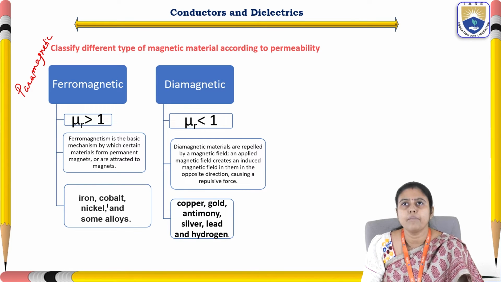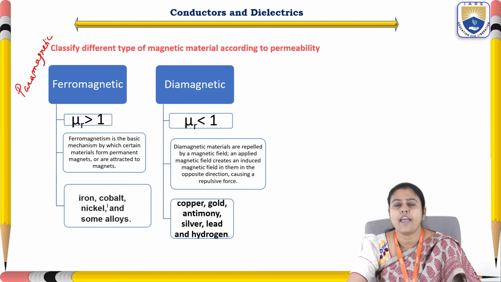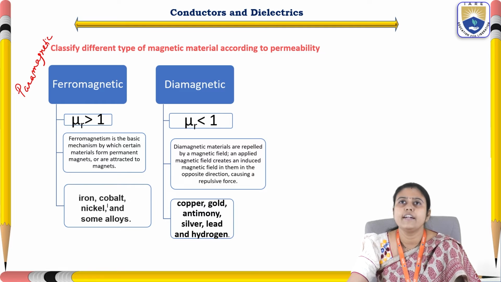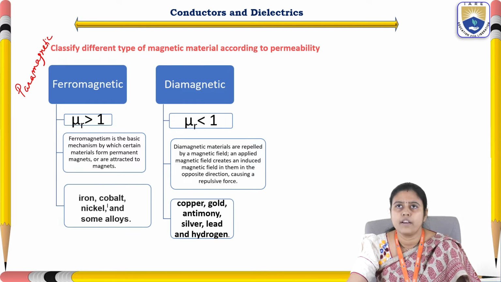What are the examples? Copper, gold, antimony, silver, lead, hydrogen. These are diamagnetic: mu r is less than 1 but not 0.